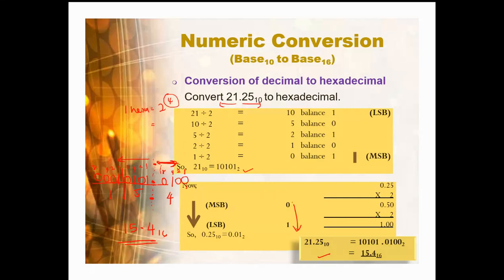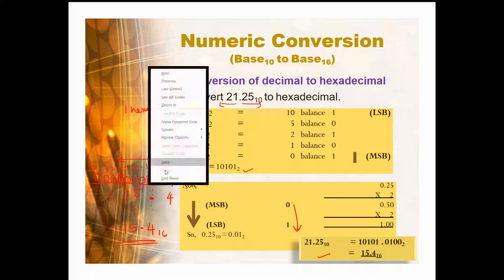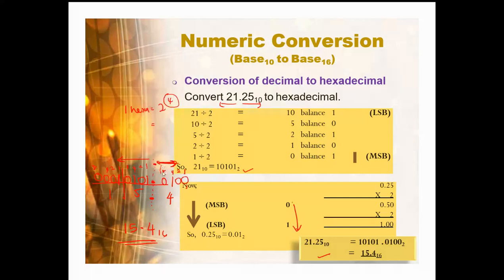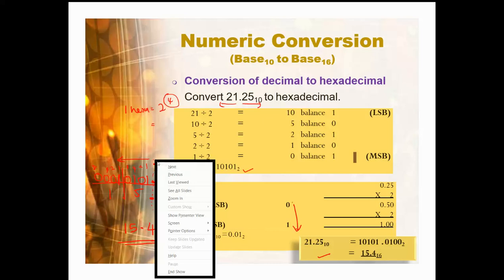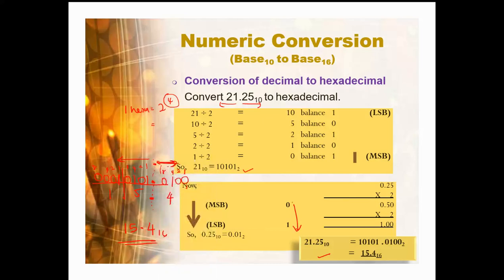Sama juga untuk after floating, pastikan you punya potong mesti daripada kiri ke kanan, start daripada kiri ke kanan, 4 digit. Kalau ada lagi, potong lagi. 4, 4. Macam biasa. So, 0, 1. Tak cukup. So, tambah lagi 0 sebelah kanan. Berapa banyak kosong bergantung, tapi mesti 4 digit.